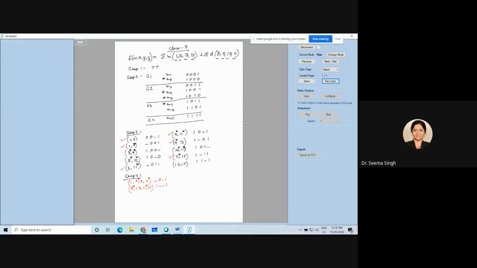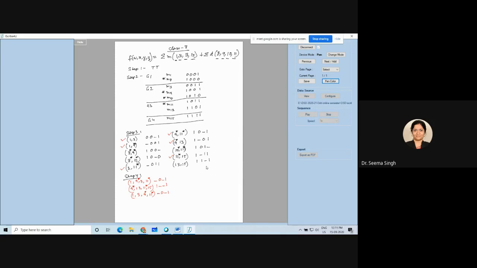So I will write that now. 1, 3, 9, 11. In that, 9 and 11 are the don't care. So it is dash 0 dash 1. So 1, 3, 9, 11 is done. So I have ticked that.